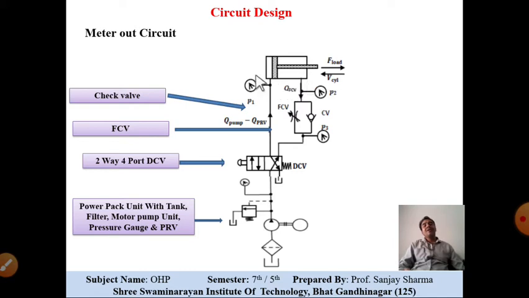Now during retracting, what happens? The flow passes through the FCV, the flow control valve. This flow control valve will control the speed of this cylinder or piston.